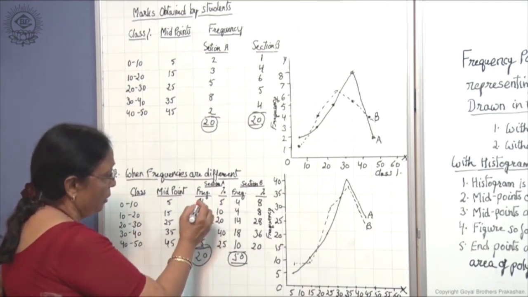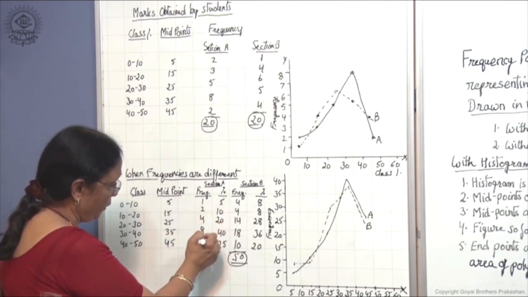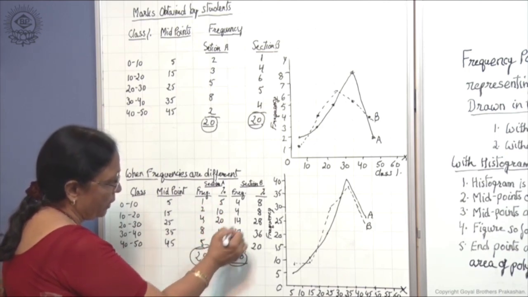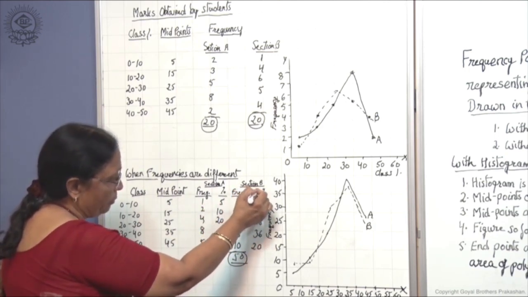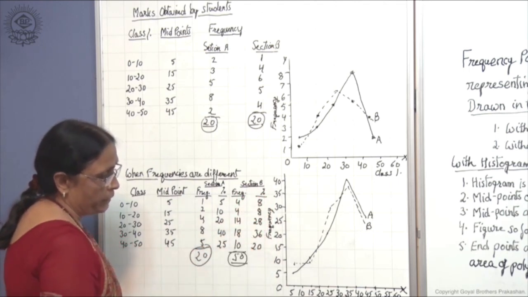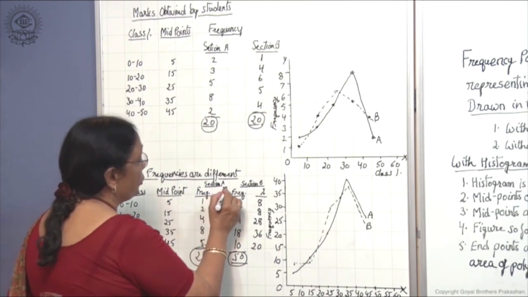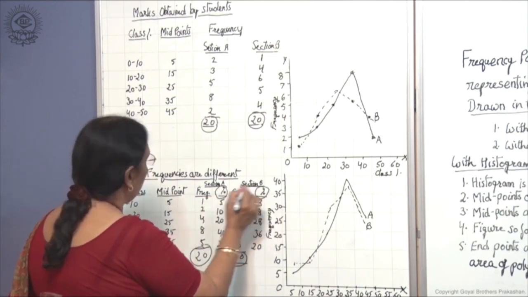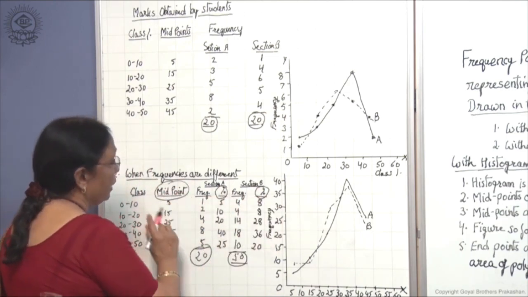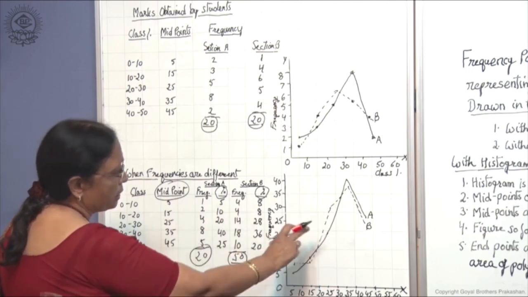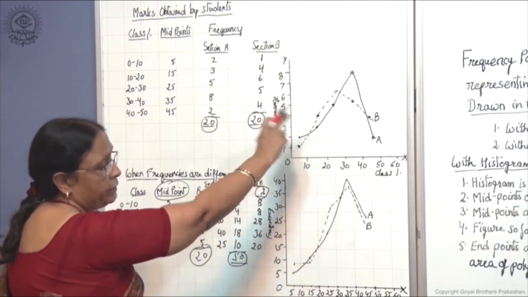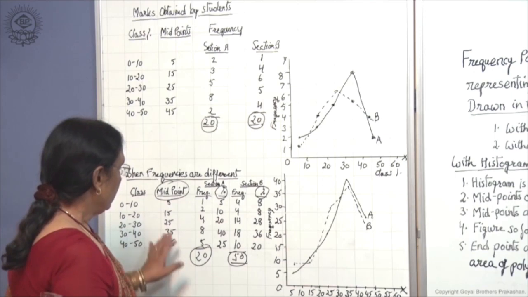Now here the first frequency is converted into percentage, and the second frequency, section B, is also converted into percentage. After converting, just notice this column and the midpoint column and plot the points in the same manner as we did here, right?